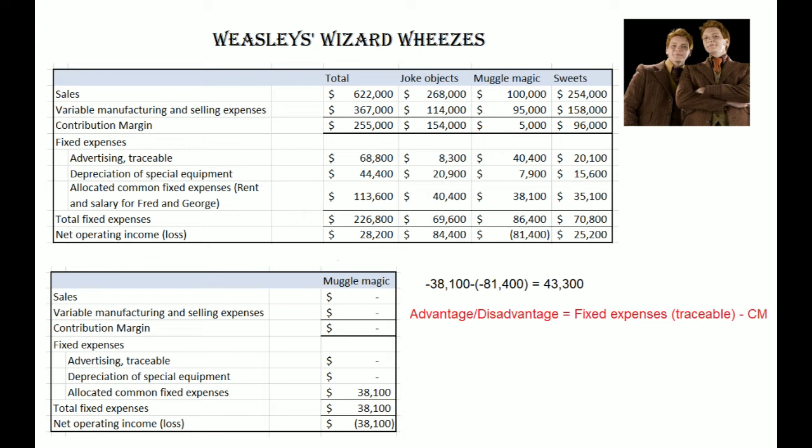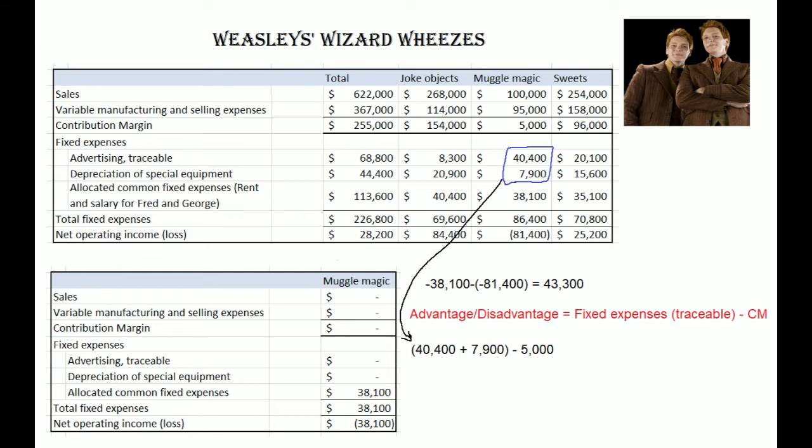The other way that you can solve this one, instead of making the whole table, is using the formula that I showed before: the fixed expenses that are traceable minus the contribution margin. So we would add all the traceable expenses, which are the traceable advertising and depreciation, because even though depreciation is a sunk cost, it's still traceable for this segment.